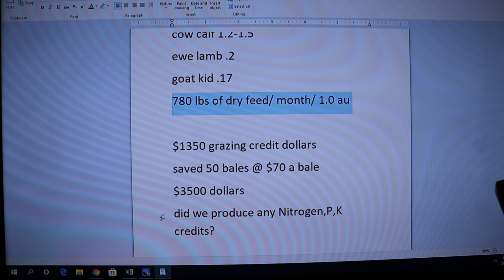The addition to this is, are we producing any nitrogen, phosphorus, or potassium credits? Did they produce enough manure and urine to give us any credits? Did the cover crop recycle enough nutrients or build any nitrogen to give us any credit? How much money are we saving on a year like this? Our first couple years, are we saving fertilizer dollars?